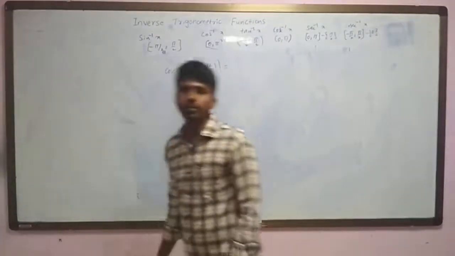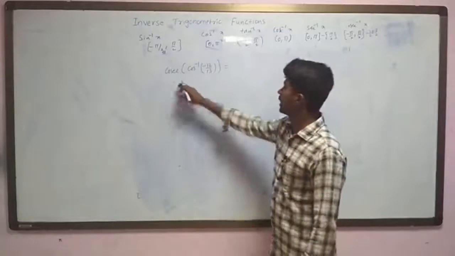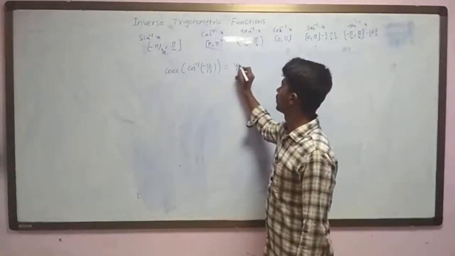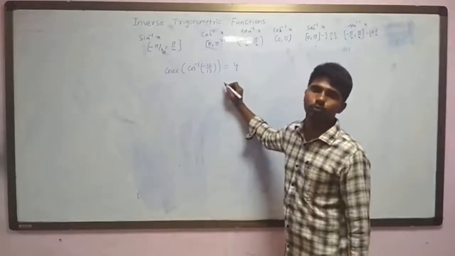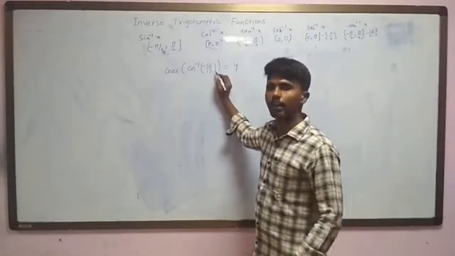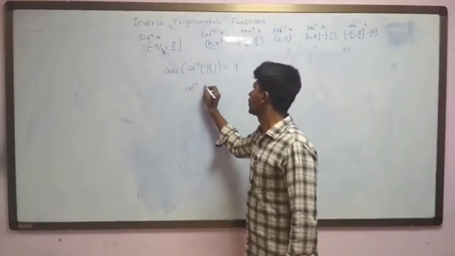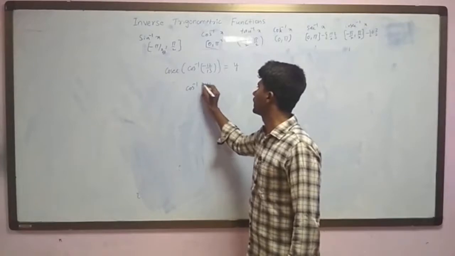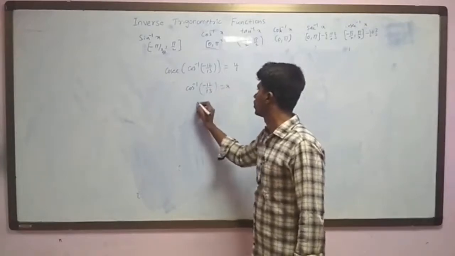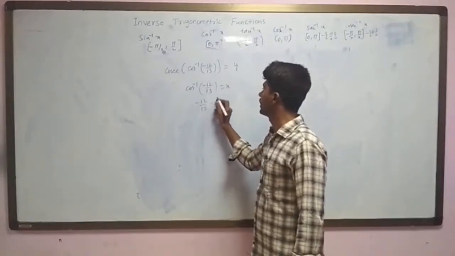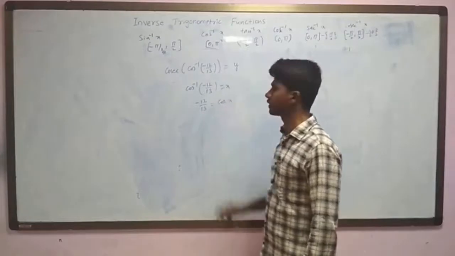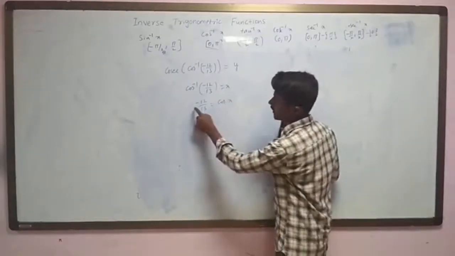So that's an unknown value. We don't know that, so let it be y. In this, whatever inverse we have, take the inverse as x. So cos inverse of minus 12 by 13, take it as x. So minus 12 by 13 equal to cos x. So cos x is negative.